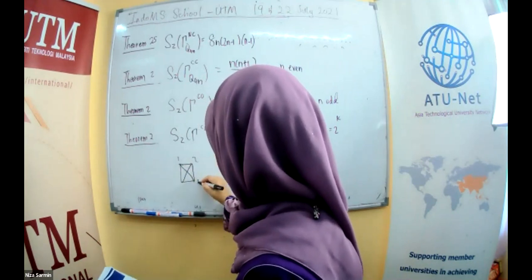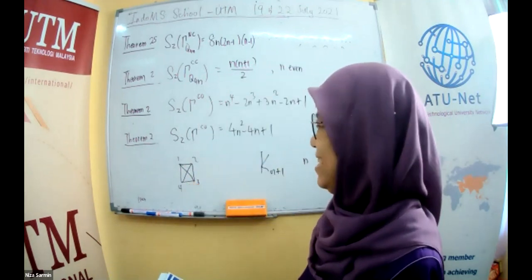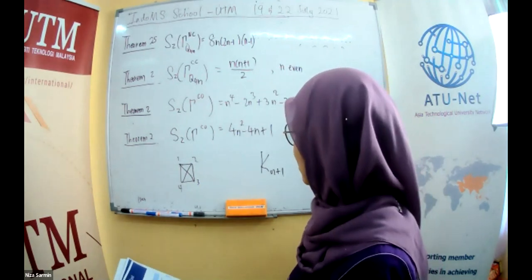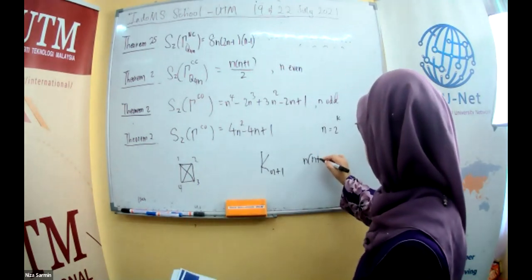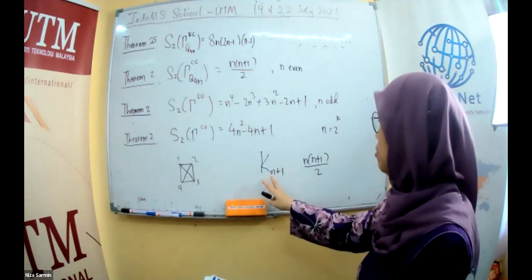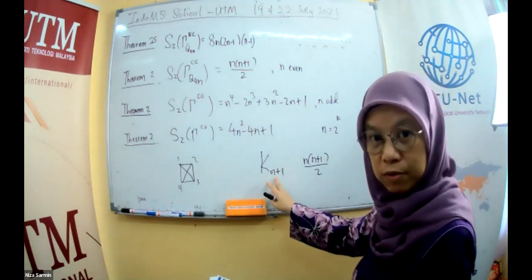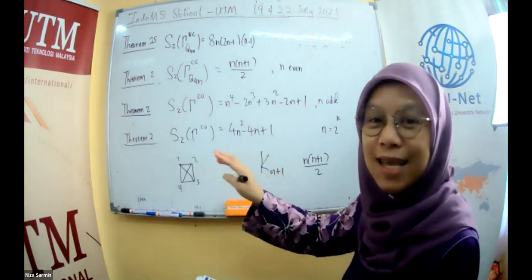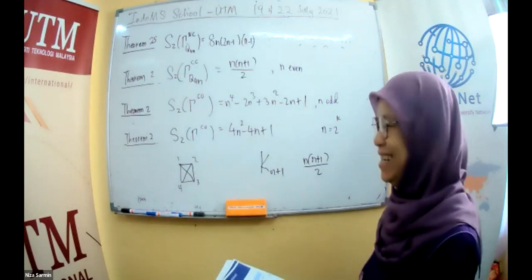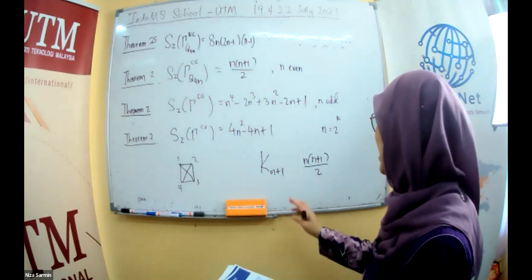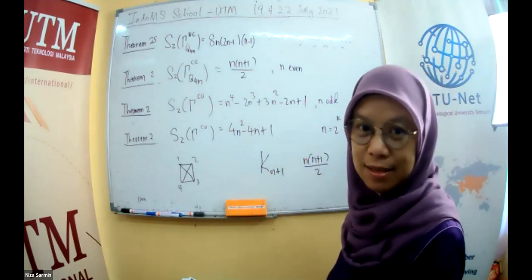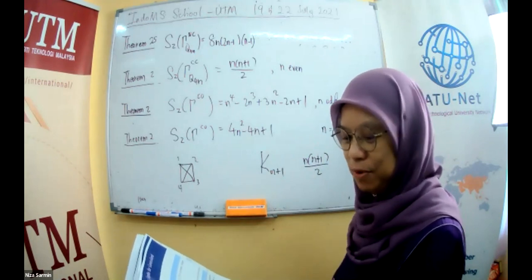Oh wait, I'm sorry. It should have been n times n plus 1 divided by 2. For a complete graph of n plus 1 vertices, the degree is n, right? Yes, the degree is n. That's my bad. So the edges will be this many edges, like I mentioned to you before.